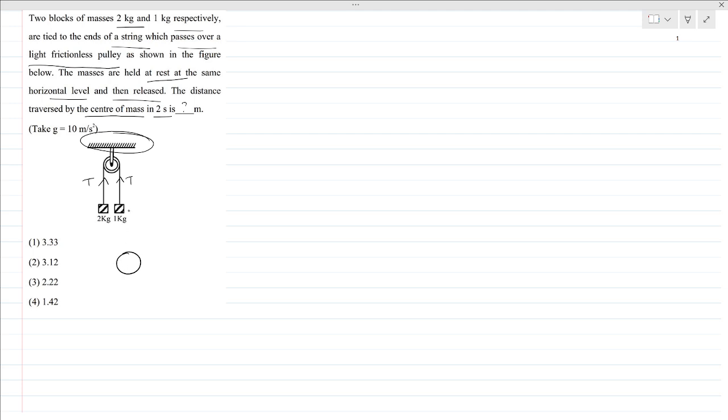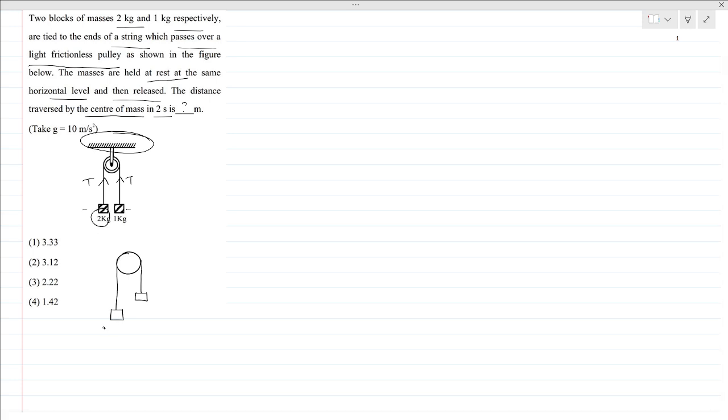As we can see, the 2 kg mass is heavier than the 1 kg mass, so naturally the 2 kg mass will fall downwards and the 1 kg mass will go upward.